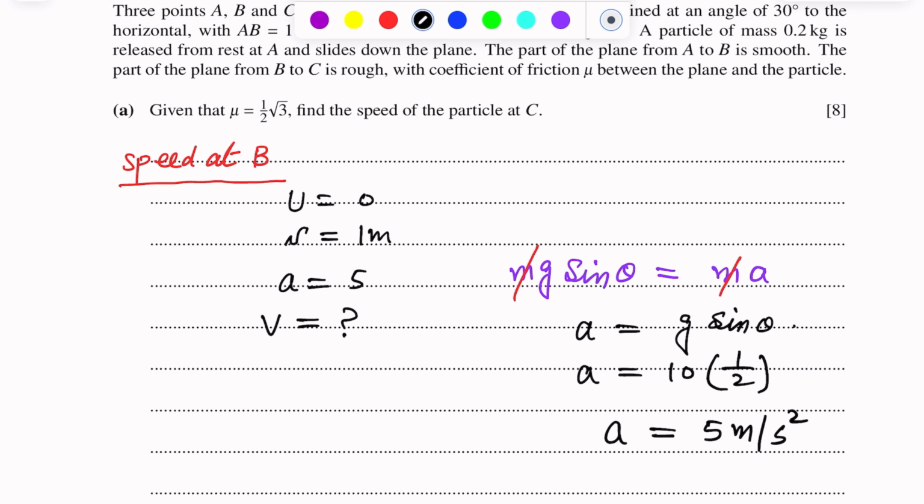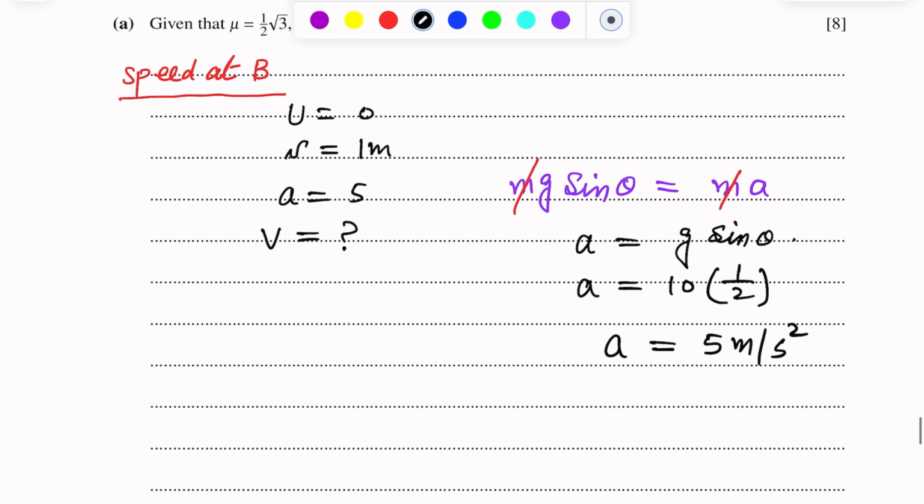The speed at B is represented by V. So we are using this equation of motion, V square minus U square is equal to 2AS. V square we have to find, U square is 0, so V square is equal to 2AS, that is 10.